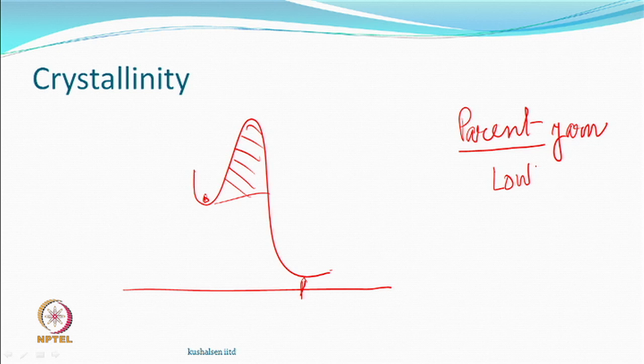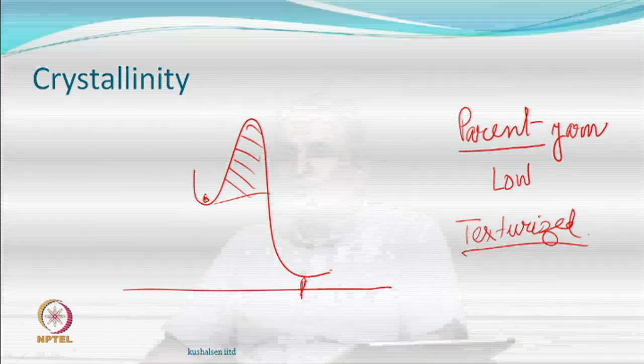Same question I repeat. I have texturized the yarn. I can measure the crystallinity of a parent yarn and take a call. After I have texturized, again I measure the crystallinity of the textured yarn, and then I ask a question. Whatever process you have chosen, one process has given you low crystallinity and the other has given you high crystallinity.